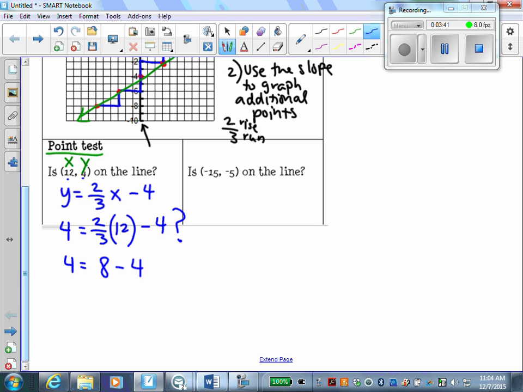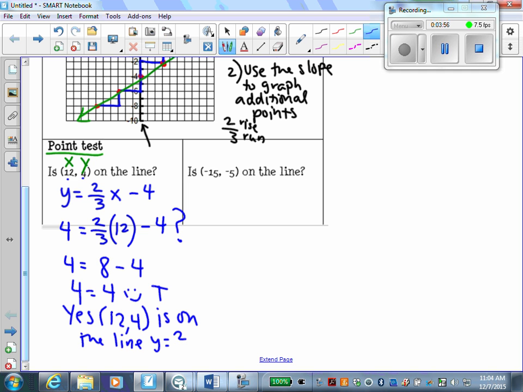And then I get 4 equals 8 minus 4. 8 minus 4 is 4. So it is true. That means yes, (12, 4) is on the line y equals 2/3 x minus 4.